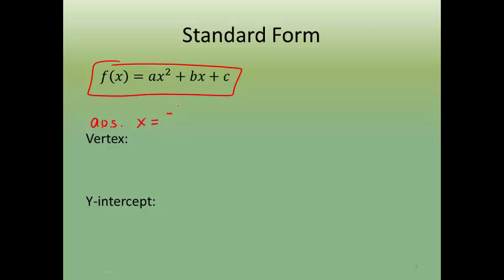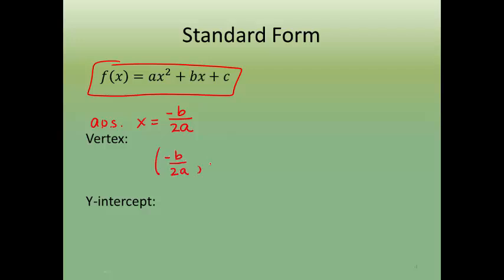And we do that by taking the opposite of b over 2 times a. Well, that should look familiar to you because it is part of the quadratic formula. It is the very first thing you say in the quadratic formula and the very last thing you say in the quadratic formula. And this gives you the x value of the vertex, which happens to also be the axis of symmetry.